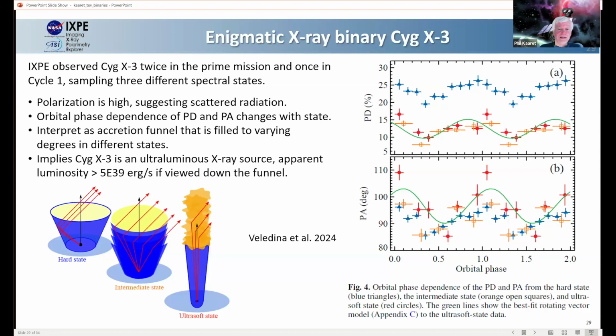For that one, you need better constraints on the funnel opening angle, but it's at least around 10^39 ergs per second. And 39 is close to Eddington. Yeah, close to Eddington, probably, but we're not sure. So even intrinsic is close to Eddington. Yes.